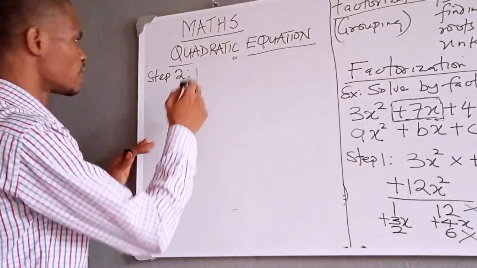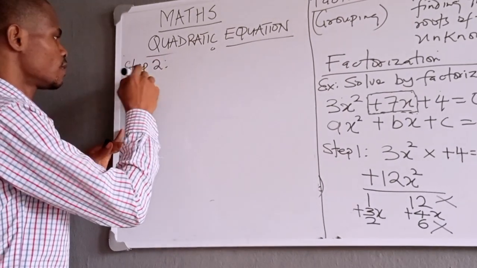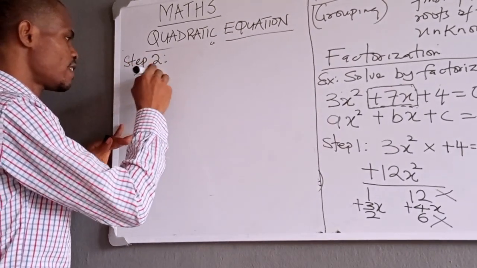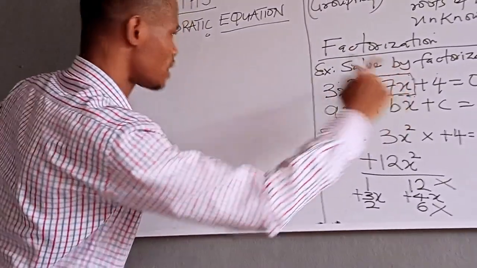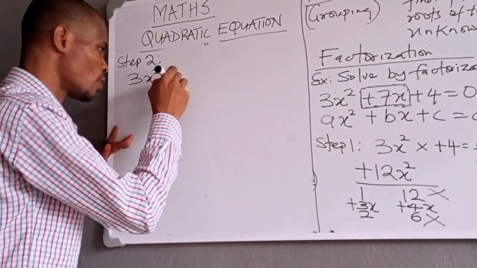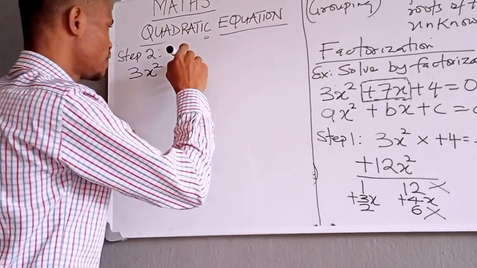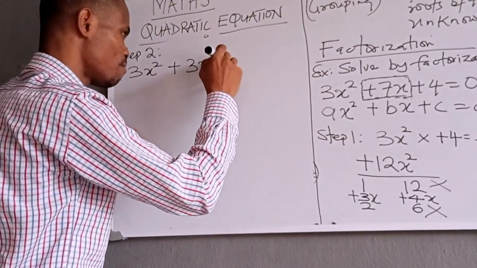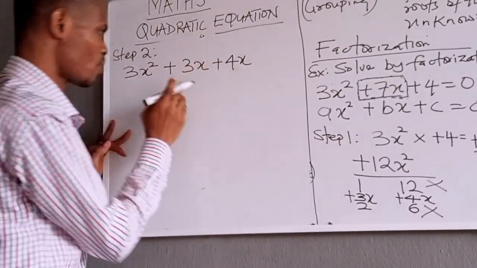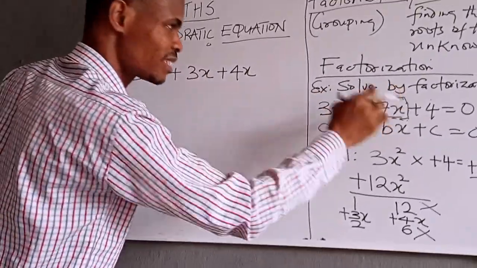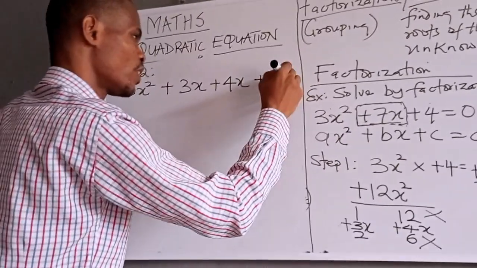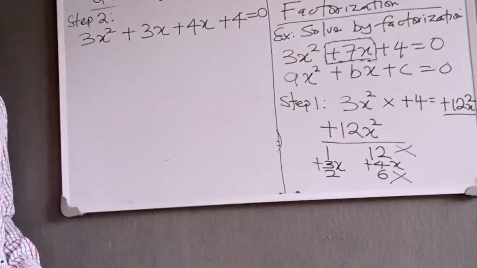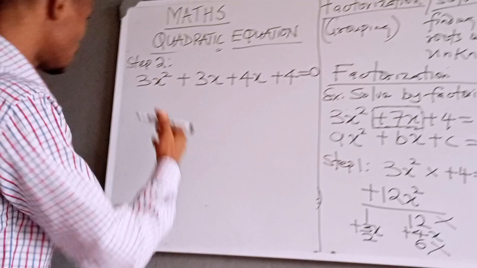So I'm going to get something like this. 3x squared, which is this. In place of plus 7x, now I'll be using plus 3x plus 4x, because this plus this will give me 7. And then I'm left with plus 4 equals 0. That is step 2.